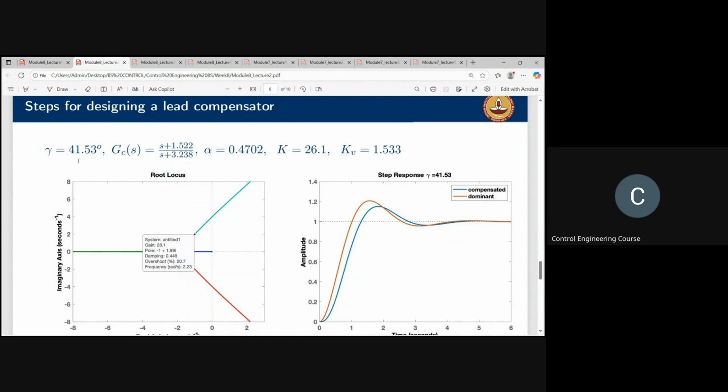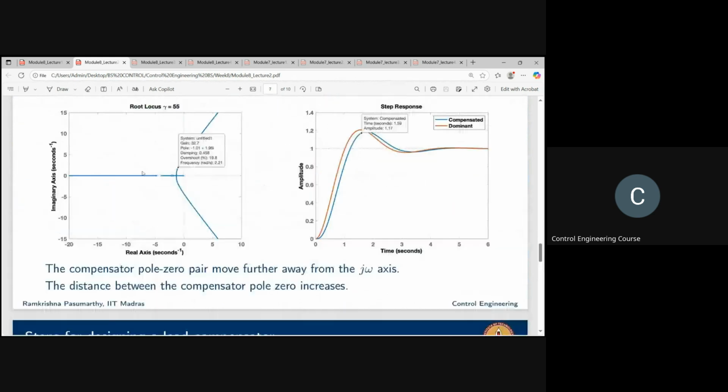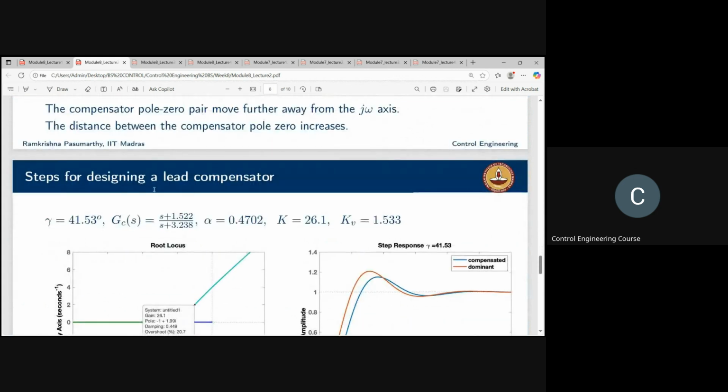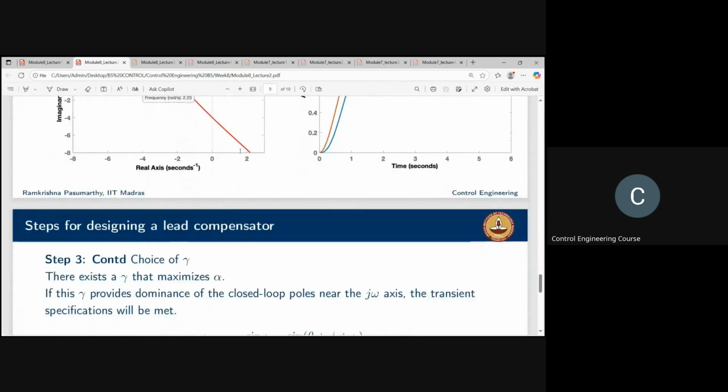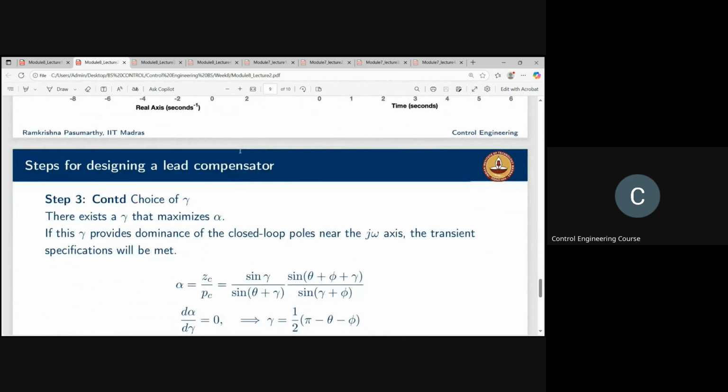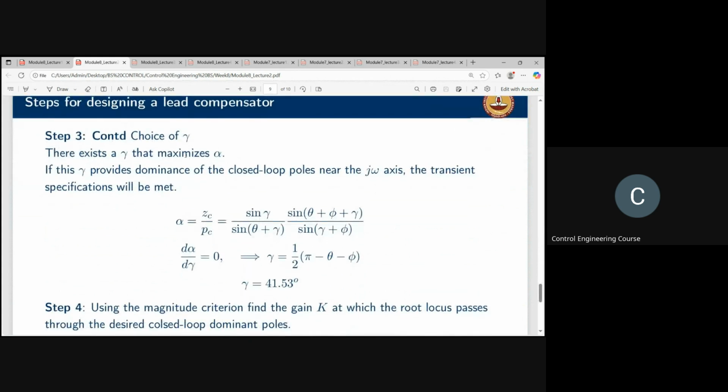You choose gamma as 41 instead of 55. Again you get this, and again you see it's not exactly matching. What you want to do is choose gamma such that it maximizes alpha, correct?